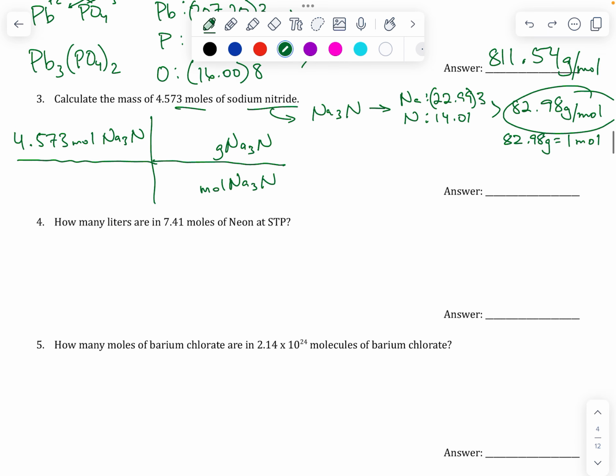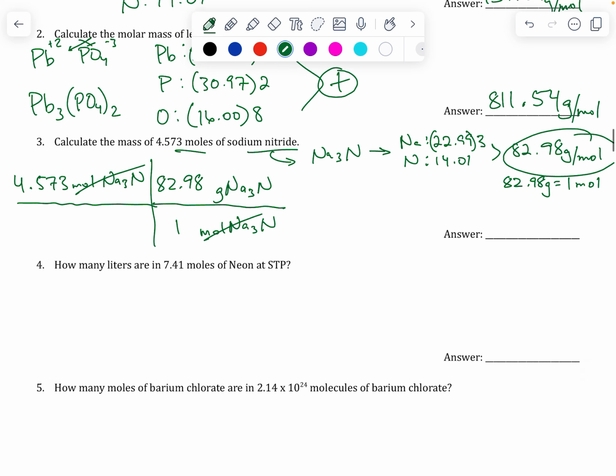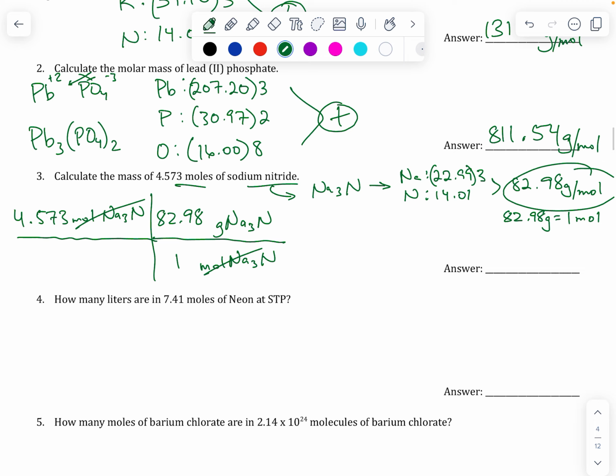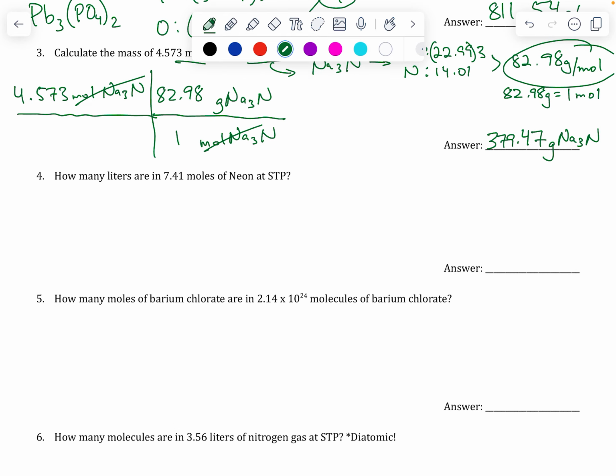We use that conversion any way that we need to. In this case, since moles are on the bottom, the 1 mole goes there, and the 82.98 grams go on the top. Mole as a unit will cancel out for you, as you see, and you get an answer of 379.47 grams of Na3N.